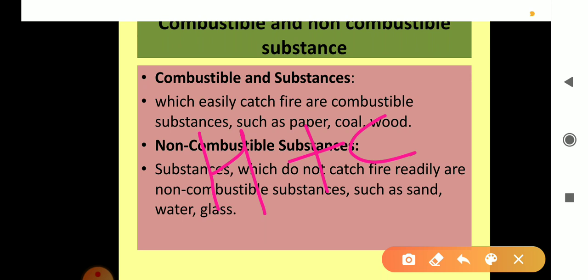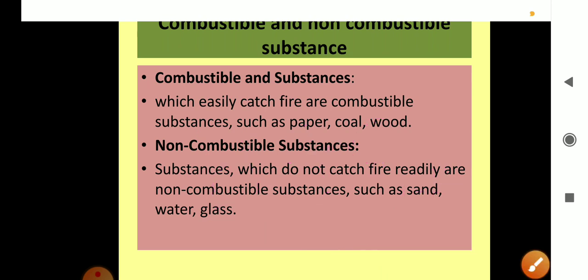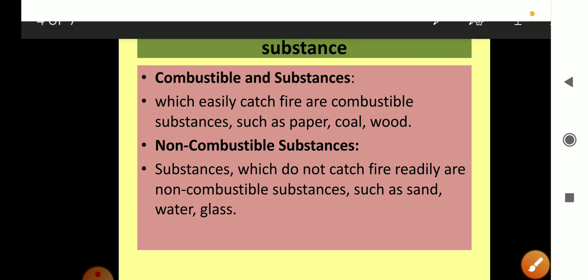Thus, when these substances are burned, carbon dioxide and water vapor are formed as products, and heat and light energy is also released. For example, wood, paper, coal, etc. Some more are petrol, kerosene, diesel, alcohol. These all catch fire, so these are all combustible substances.